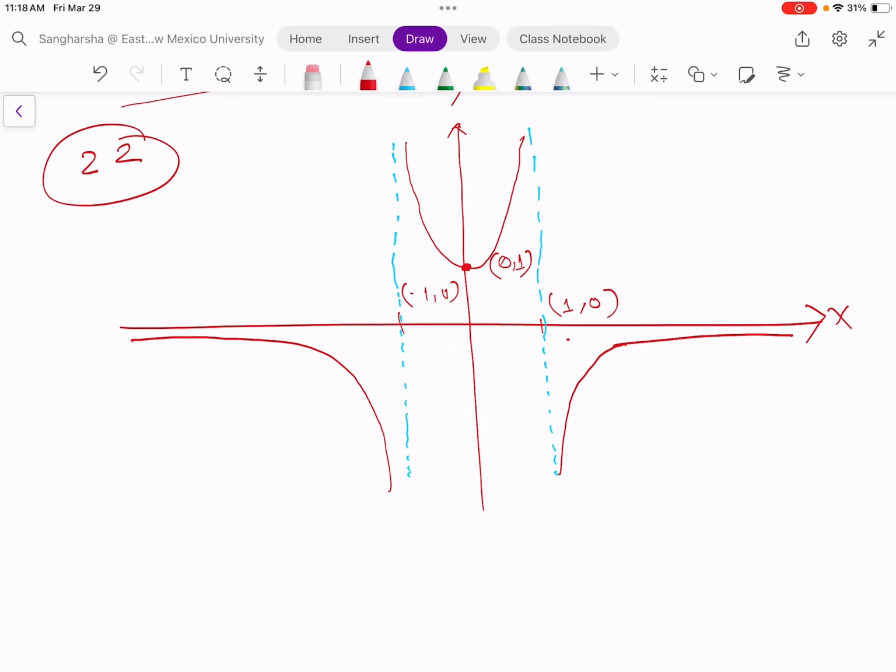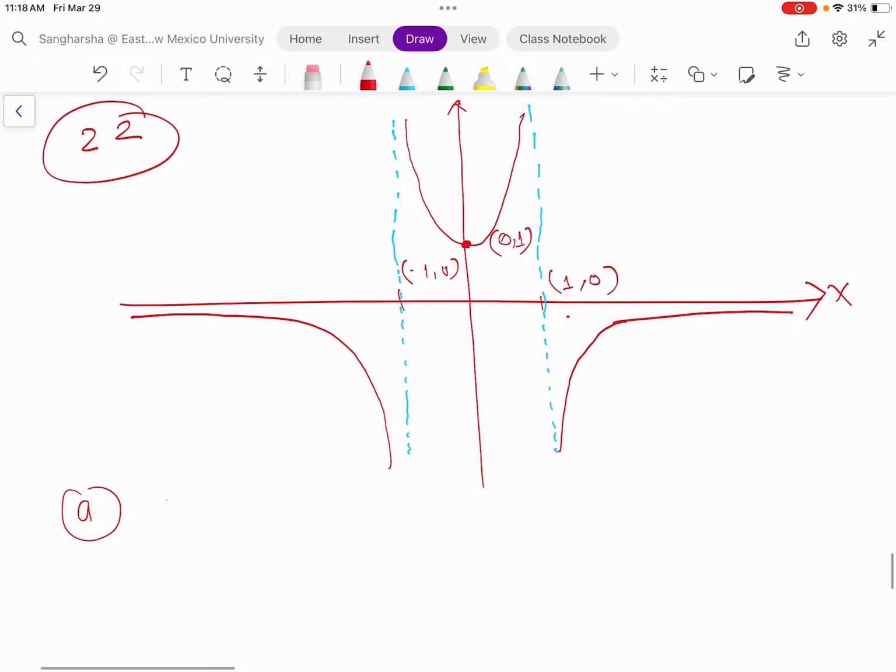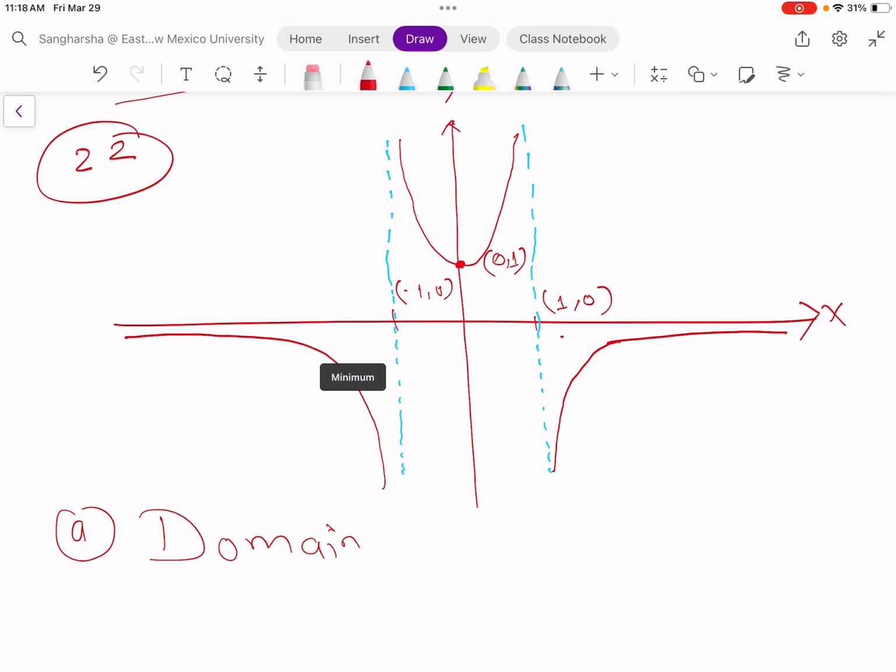Now here is the question for you: finding the domain of this rational function. At first, in this graph, what do we call these vertical lines? Vertical asymptotes. What do we call this point? If we take that part of the graph, then it's a vertex, right? But this is one function.